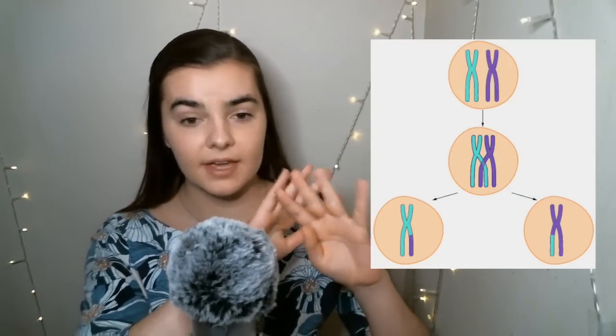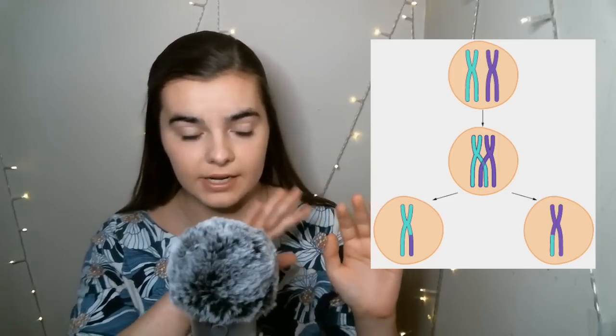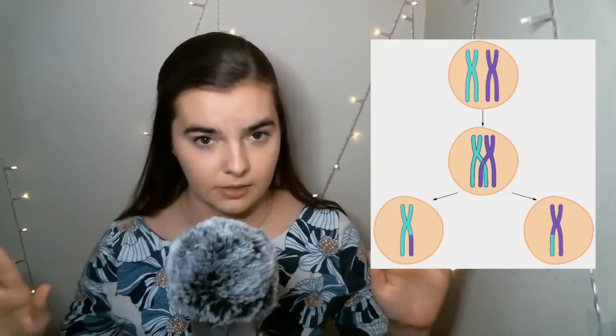And so in meiosis, before those chromosomes separate, what happens is something called crossing over. Basically, your mother's two chromosome 1s come together in the middle of the cell, and they exchange genetic material with each other, and then they separate.